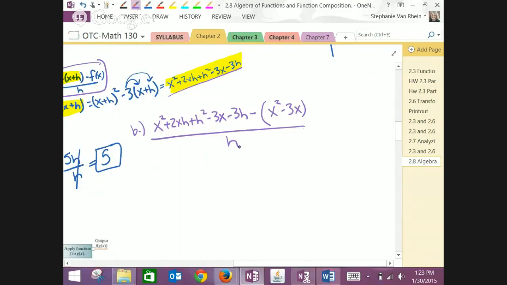If I did not write the parenthesis, I would know something was wrong, because minus 3x and minus 3x is minus 6x, and I know I have to cancel those. So I need this negative to be distributed. Once it's distributed, this cancels with this, and this cancels with this. And do you see how all the terms that are left have at least an h in them? You will always cancel everything on the right side of your minus sign.